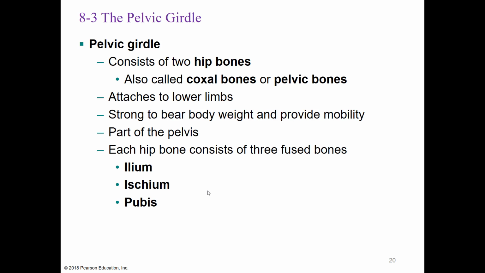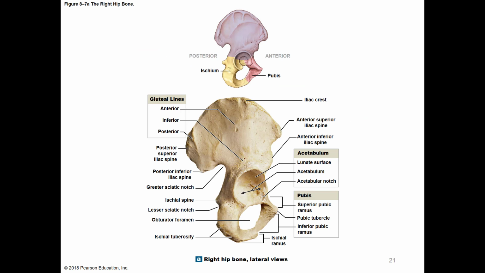Each hip bone is made up of 3 fused bones: the ilium, ischium, and pubis. So here is the os coxa or coxal bone, and you can see that it was once 3 bones that have now fused.